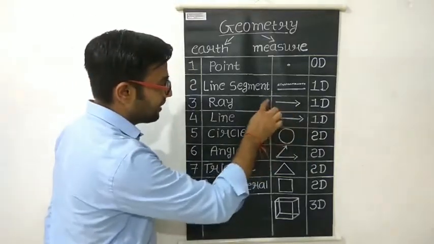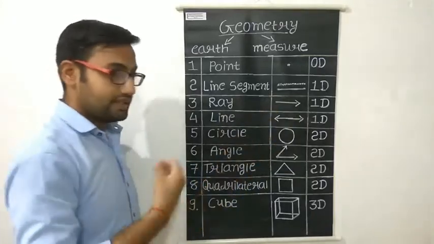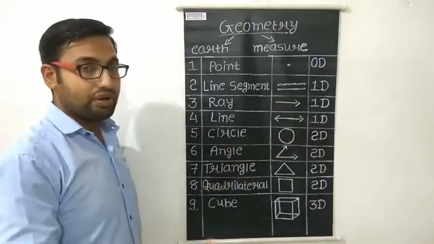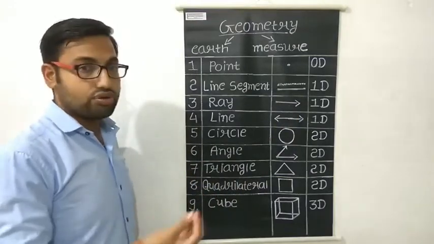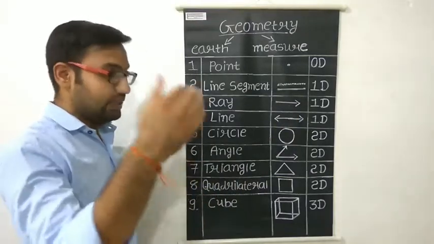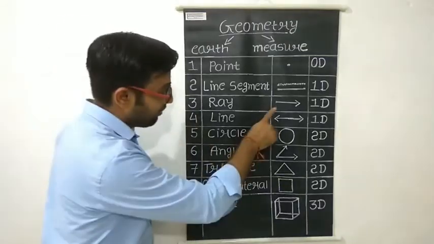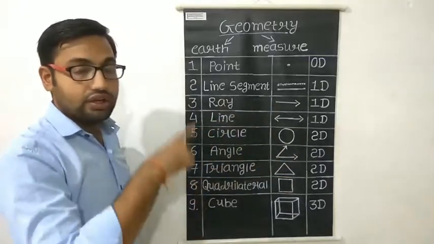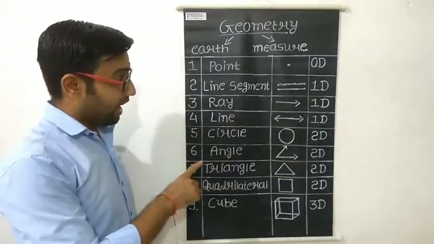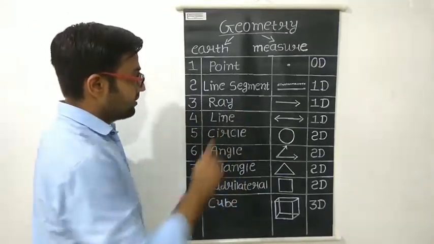In the same way, we can give an example of a ray as a bulb or tube light, or we can also say the sun. All the light comes from the sun in all directions. So the one fixed point is the sun, and the rays of the sun go in all directions, and how much distance they can go, we don't know. Okay, so that is all about the ray.